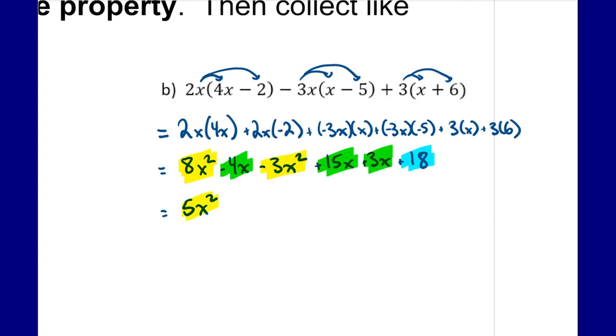Negative 4x plus 15x plus 3x. So negative 4 plus 15 is 11, plus 3 is 14. So we have plus 14x. And then lastly, 18 is just on its own.